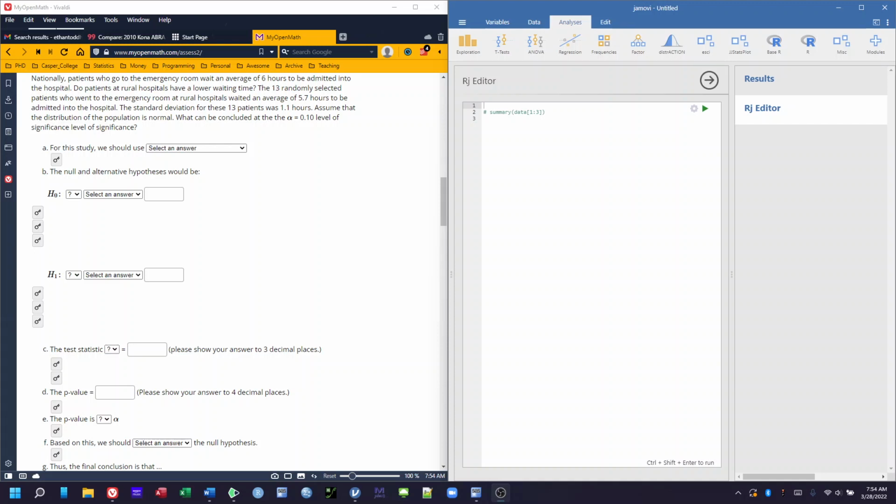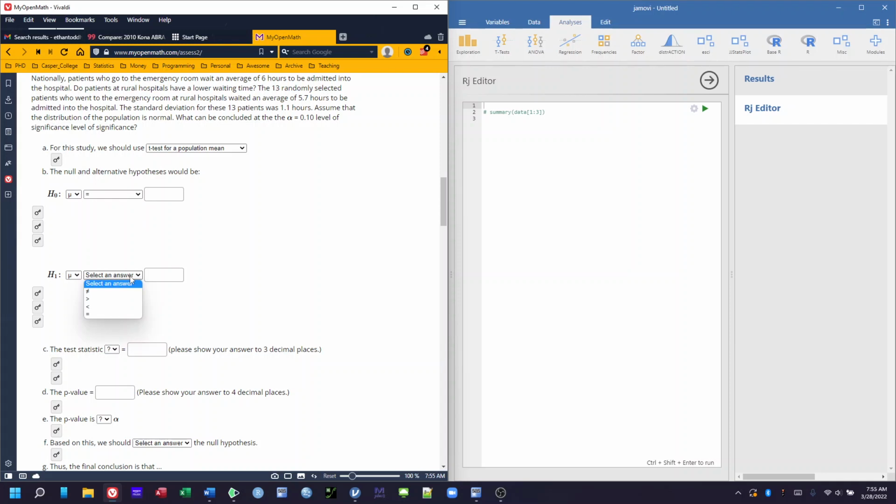Okay, so for this study, it's asking what should we use, and we should use a t-test for a population mean. The main reason is that we were given a sample standard deviation: the standard deviation for the 13 patients was 1.1 hours. When we set up our null and alternative hypotheses, since we are interested in means, we are going to be using mu, and we're going to say equals.